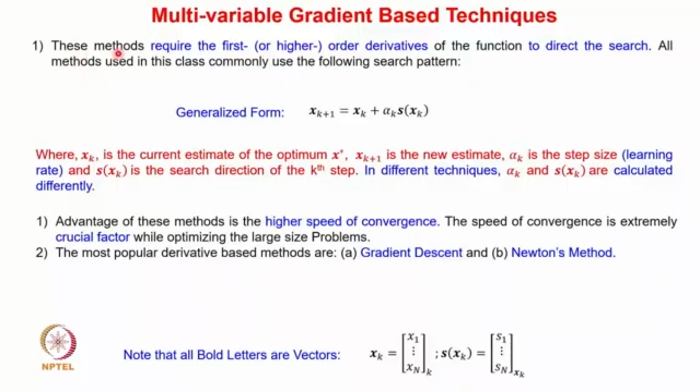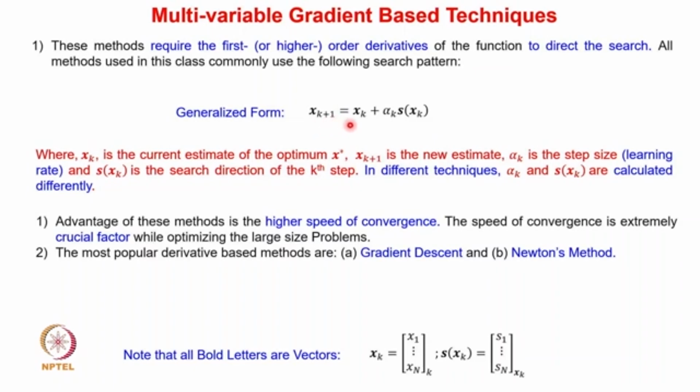When we look at the multivariable gradient based methods, these methods require the first or higher order derivatives of the function to direct the search. All methods used in this class commonly use the following search pattern. All these derivative based methods use a generalized form like this, where x k plus 1 is the new optimal guess obtained at the k plus 1th iteration.